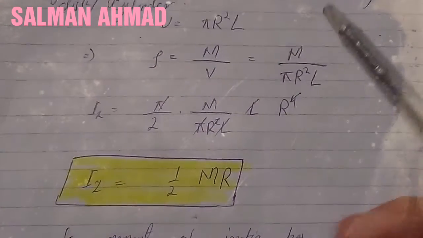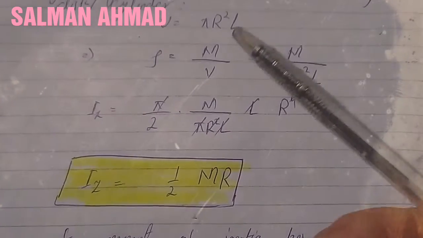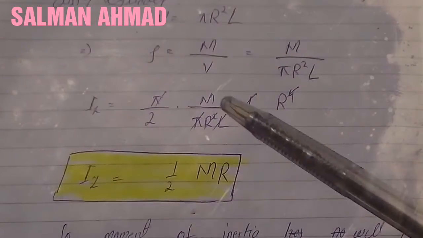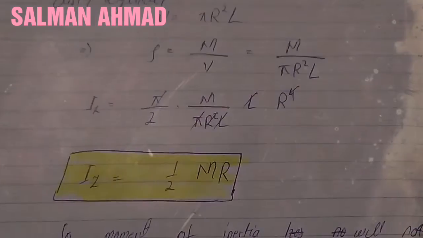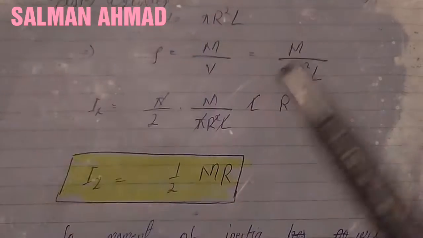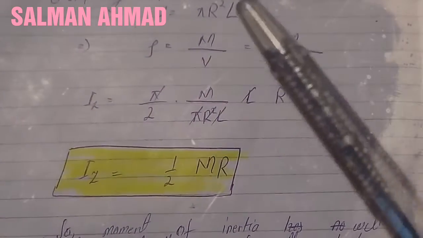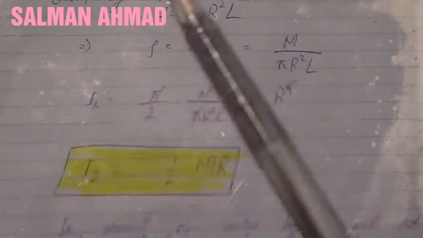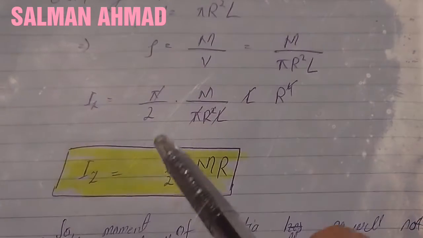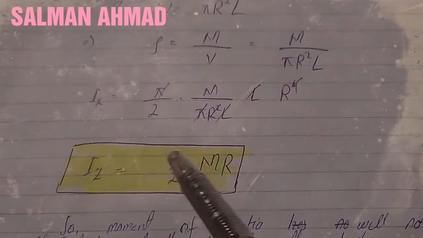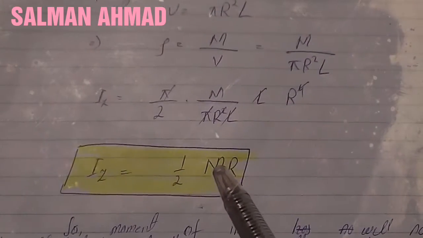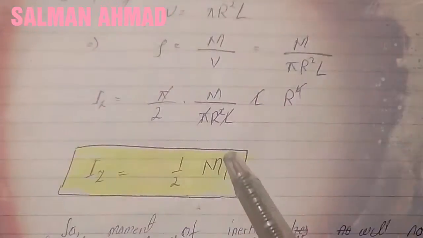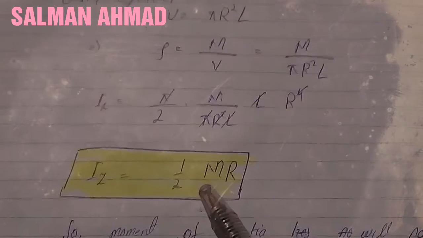For a flat cylinder, the moment of inertia will be the same, Iz is equal to half mr, and for L is equal to 3, 4, 5 up to n, if the length is much increased, it doesn't have any effect on the moment of inertia. The only terms which affect the moment of inertia of any body are the total mass and the total radius of that body.